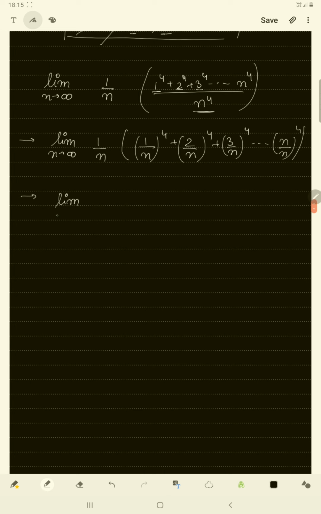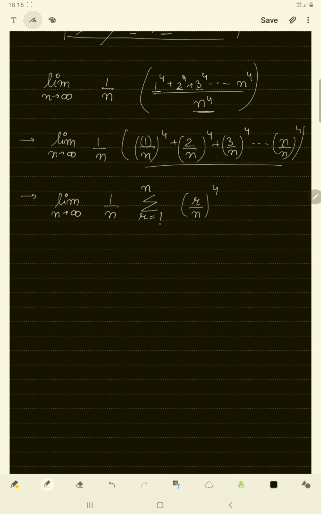Now limit n tending to infinity. I'm just going to write these terms in the form of summation. In the summation, r initially is 1, so we have r equals 1, and in the end it is n. And now we have the function of r by n, which is r by n to the power 4.